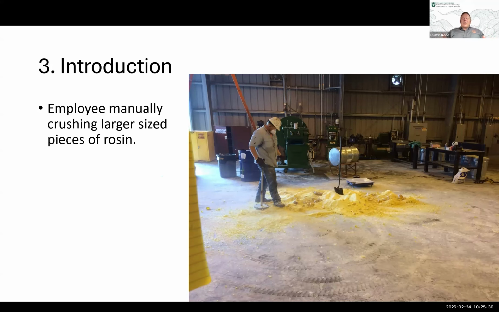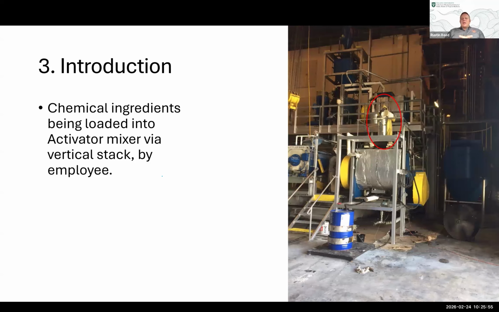I'm not going to read this. This is kind of for reference, but one part of the process involves, and I have that gentleman circled there, a worker dumping chemical into the activator. That activator mixer is where all the ingredients come together. If you were baking, that would be the oven. All the ingredients come together and get mixed up.